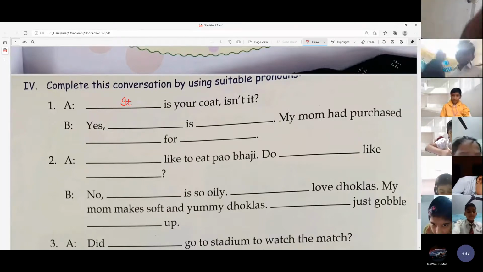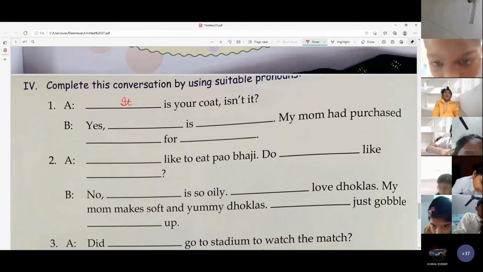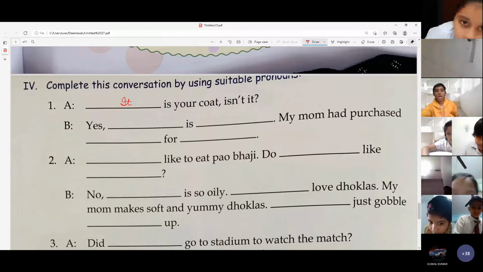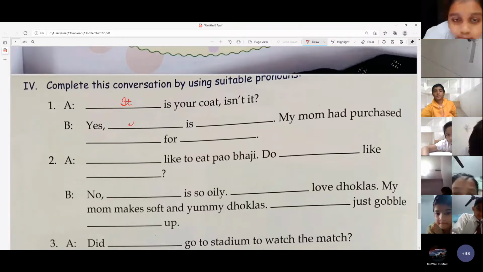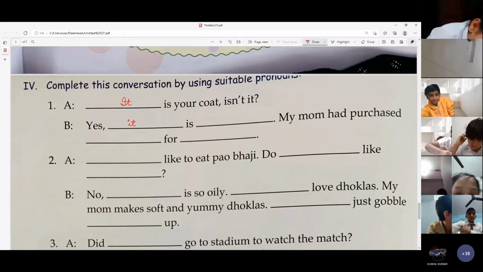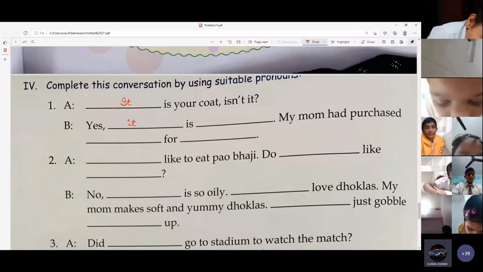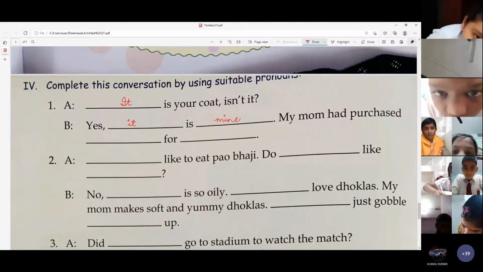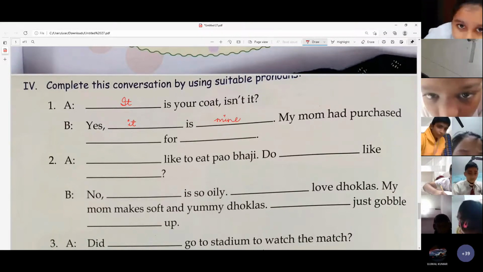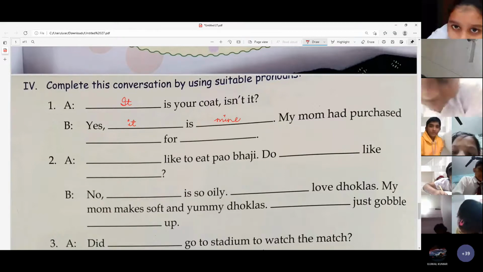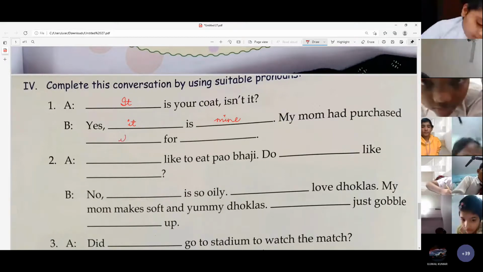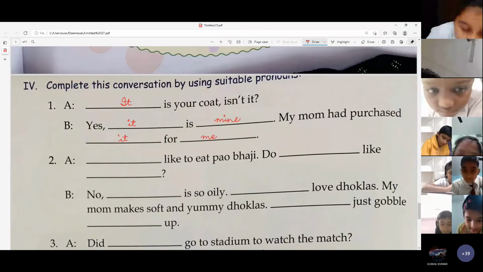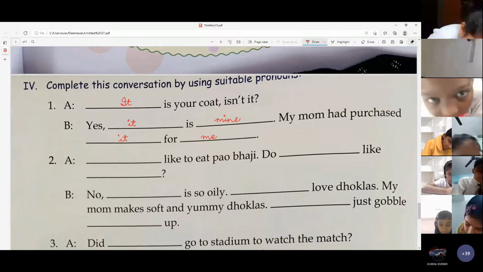Ma'am, कौन सा page number? Page number 16. It is mine. My mom had purchased it for me. Very good.